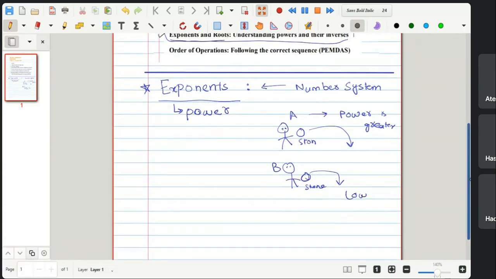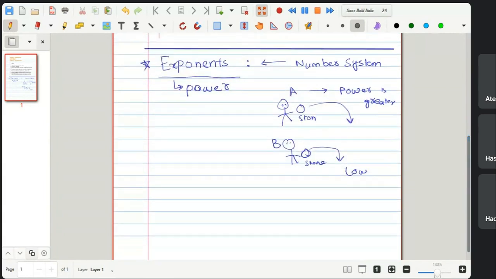So what do we actually mean by this? We say in our daily life that child A has the greater power because he threw the stone to a larger distance. This stone covered the larger distance. It drops here and it drops here.